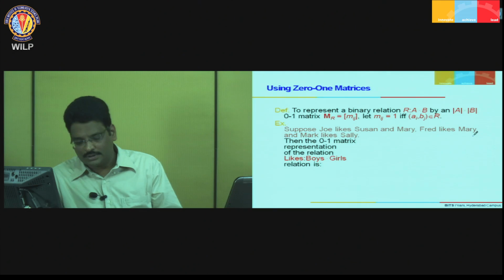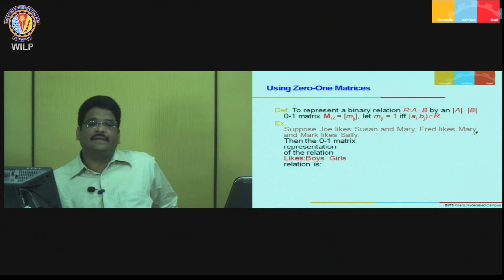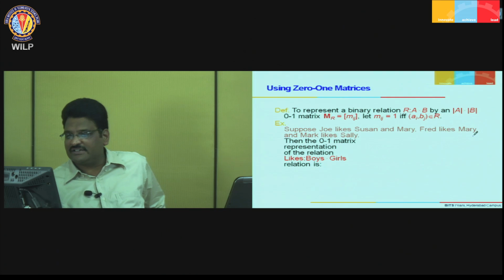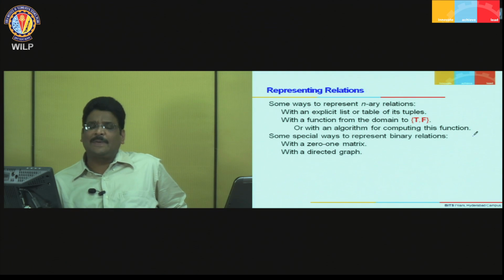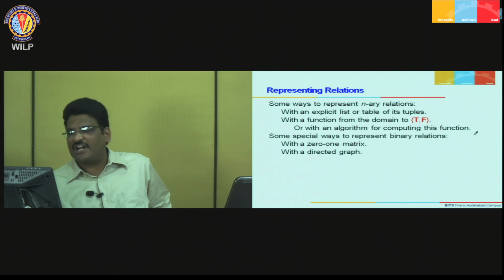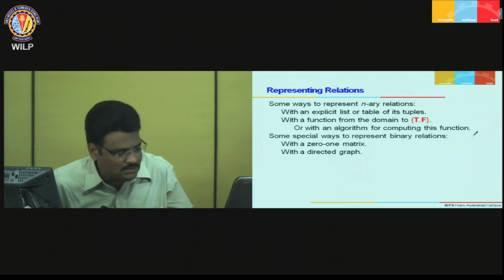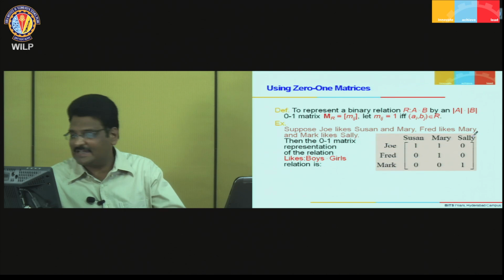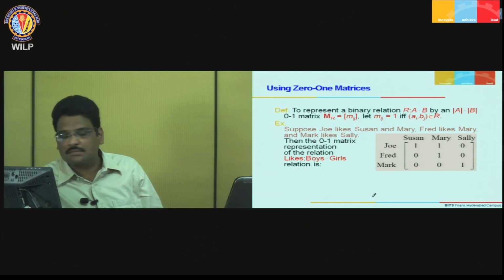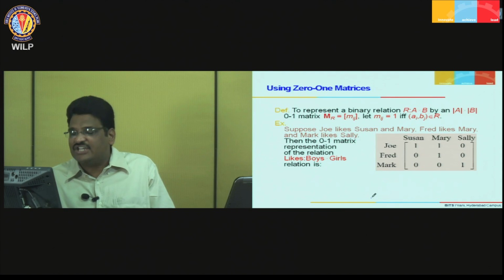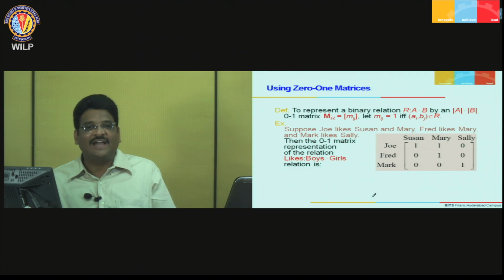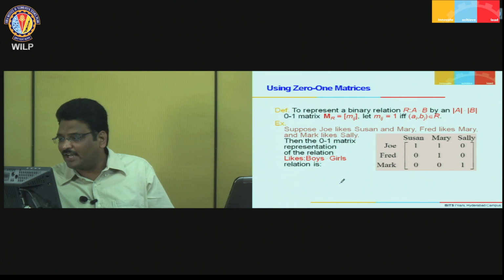To start with, we can represent a relation just by representing it as a list or table. Suppose I have 3 boys and 3 girls: Susan, Mary, Sally are girls, and Joe, Fred, Mark are boys, and I am talking about a relation on these, boys versus girls.